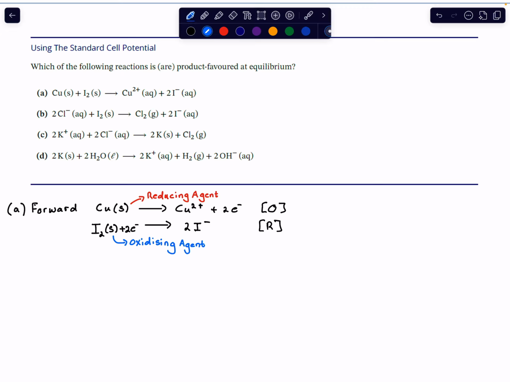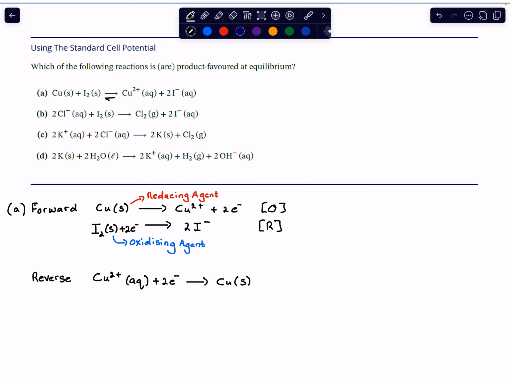Now the reverse reaction, written as such: which species is being oxidized and which species is being reduced? In the reverse sense, copper 2 plus, aqueous, is gaining 2 electrons and forming copper solid.